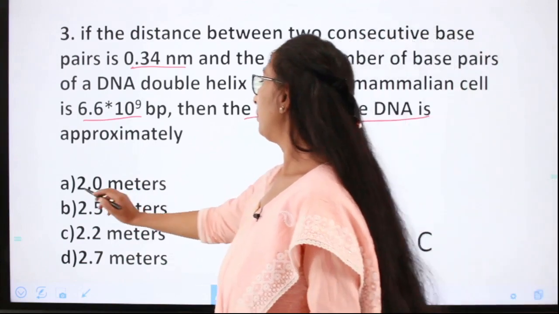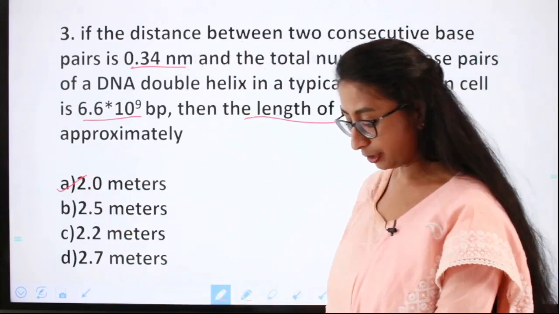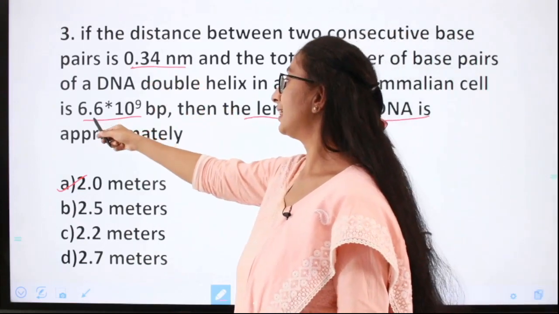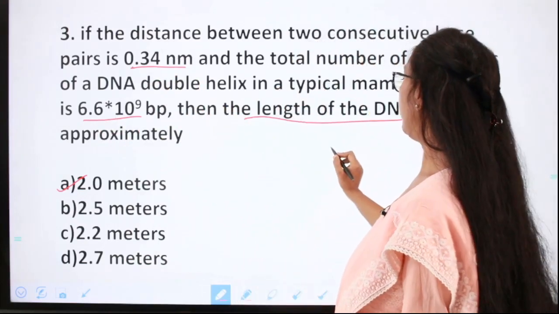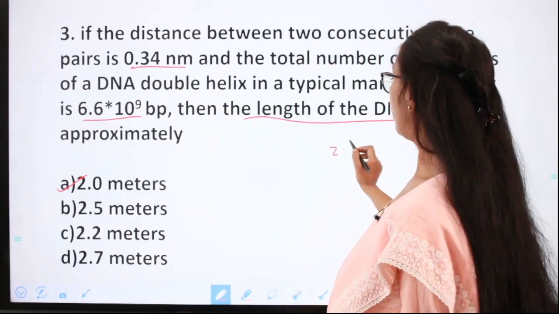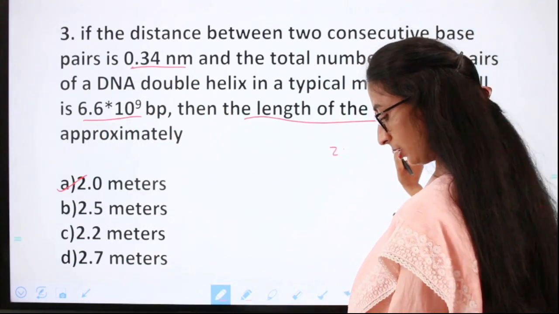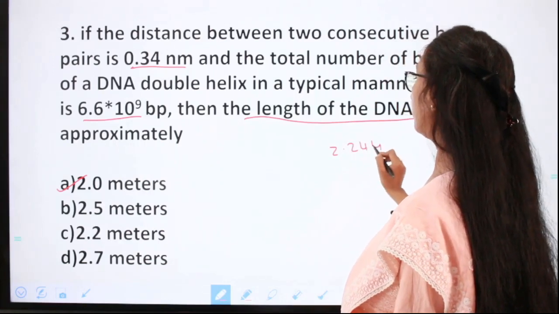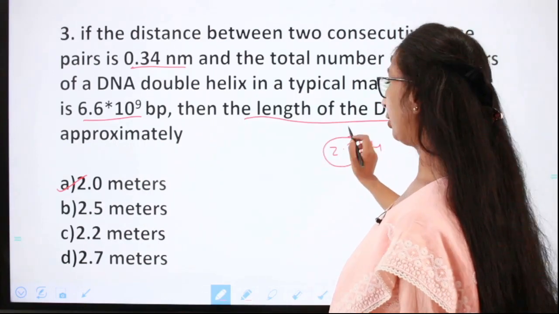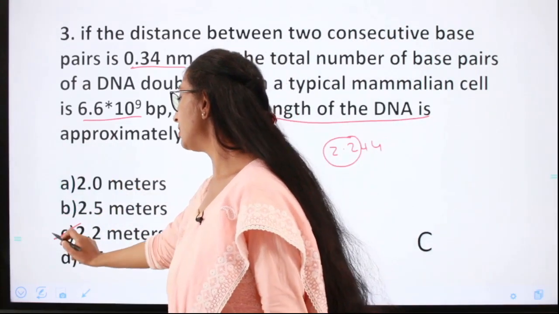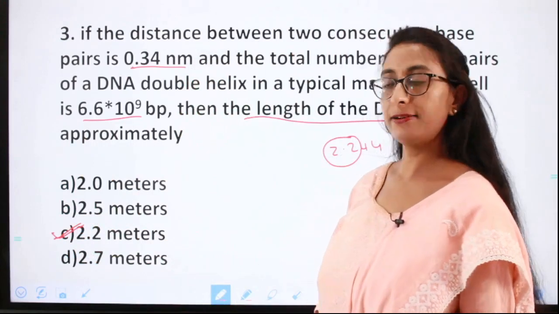You have to multiply 0.34 into 6.6. You get approximately 2.244 something. When you round it up, you get 2.2. So 2.2 is the right answer. Sorry, it is not 2.0. It is 2.2. This is the right answer.